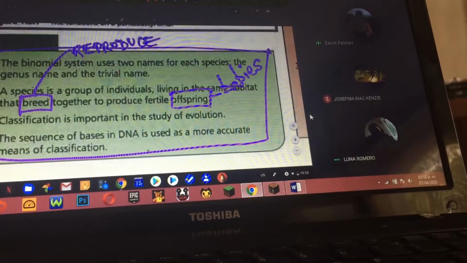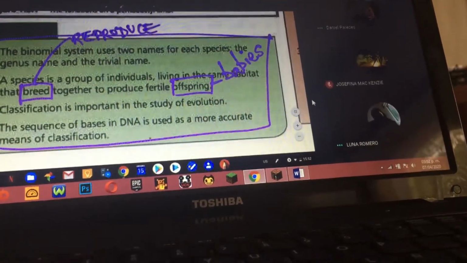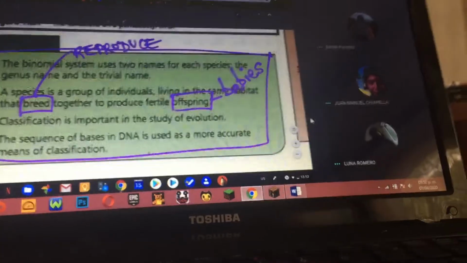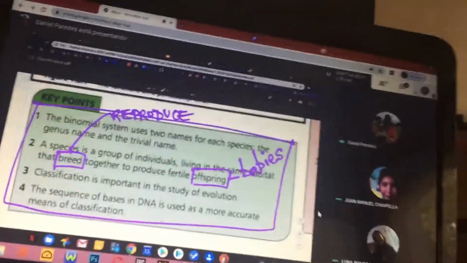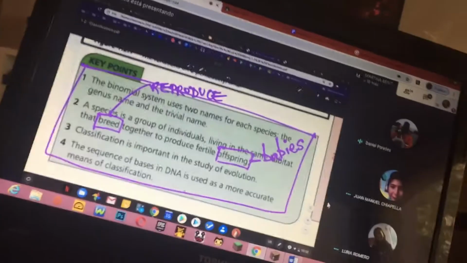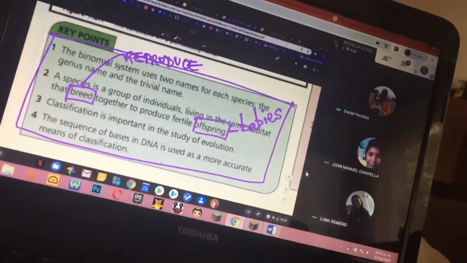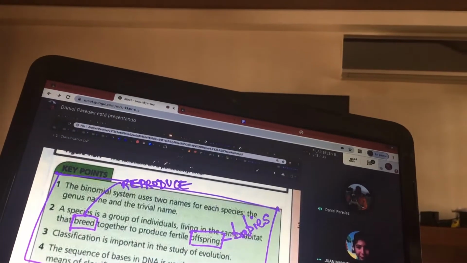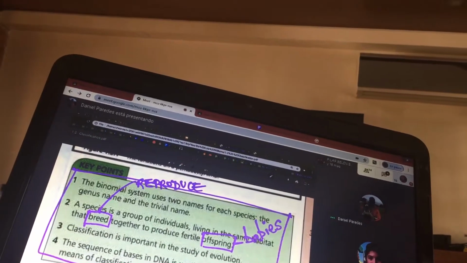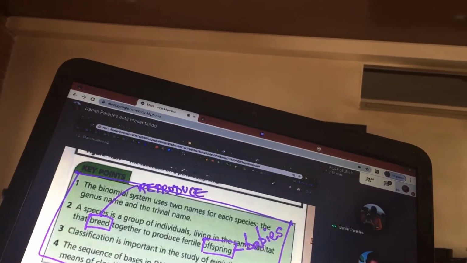The offspring of pigs are called piglets. You understand? It's a general word for the babies of any species, offspring. What are the offspring of chickens called? Okay.